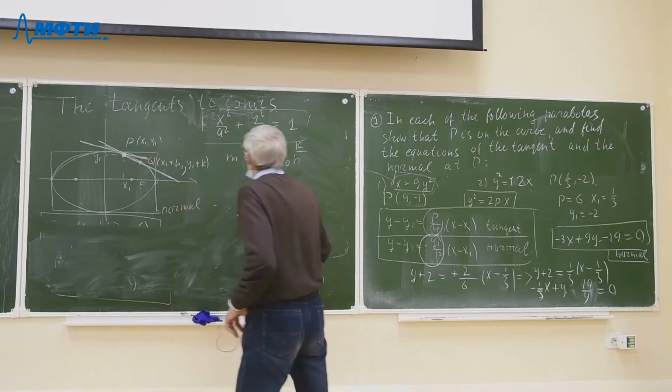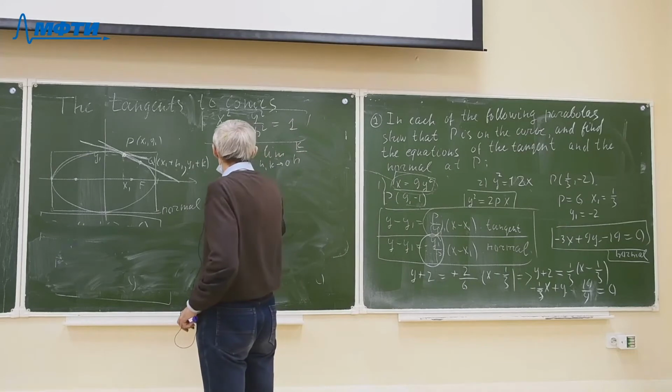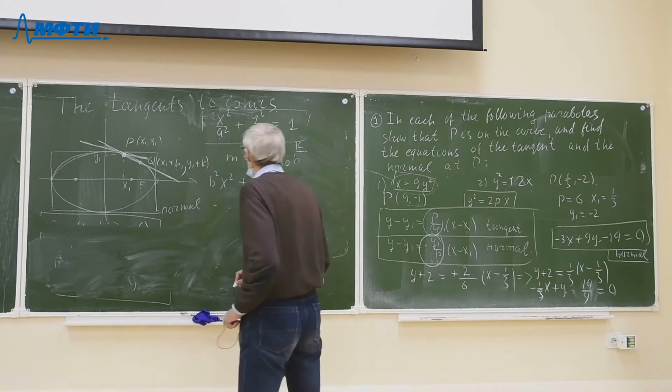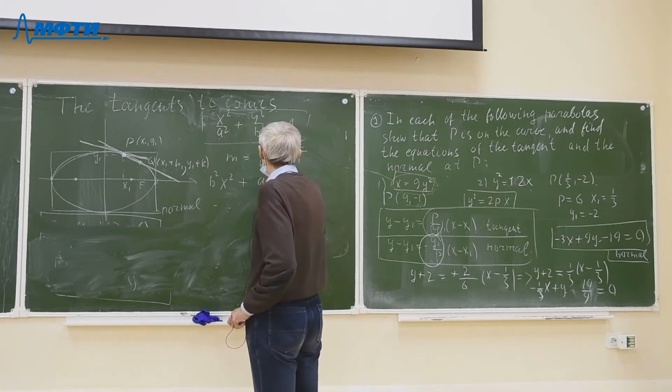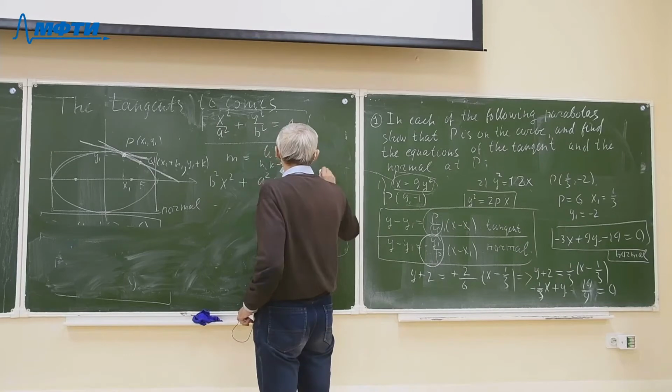Maybe let's rewrite this equation in the following form: b squared times x squared plus a squared y squared is equal a squared b squared.